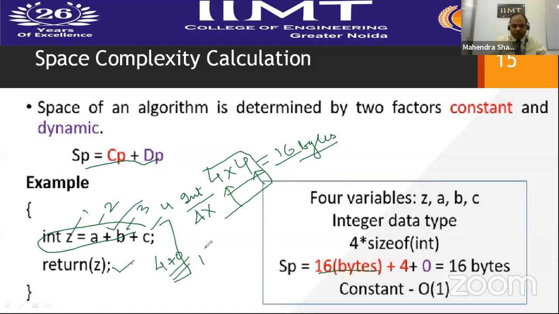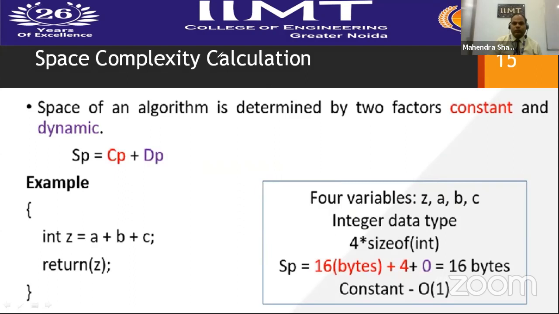So the total becomes 16 plus 4 multiplied by 0, total 16 bytes. Right? Let's move forward to another slide.